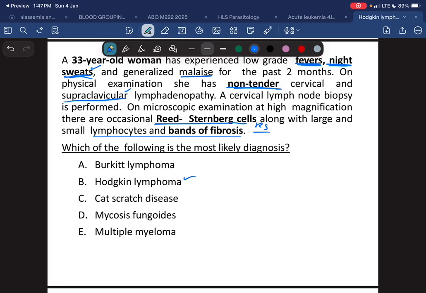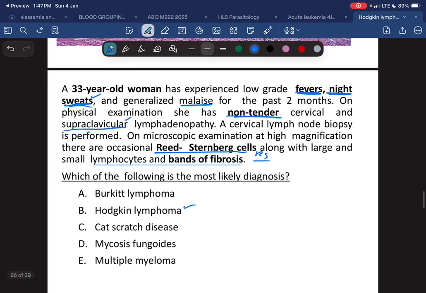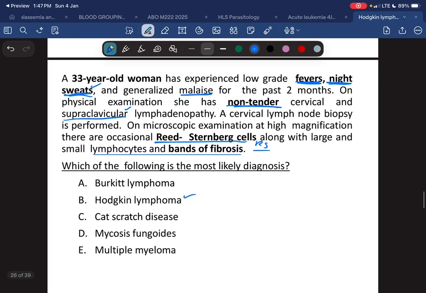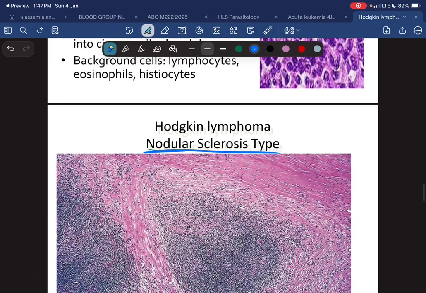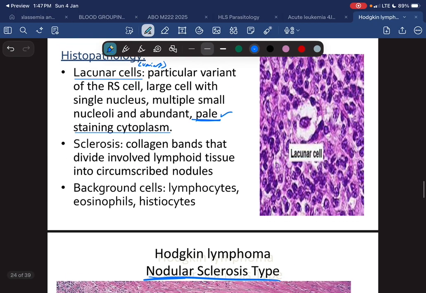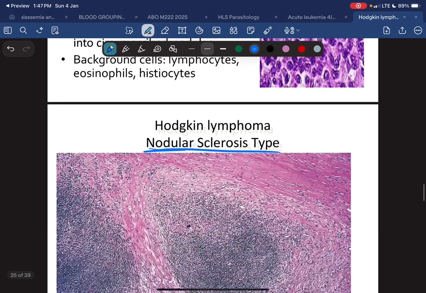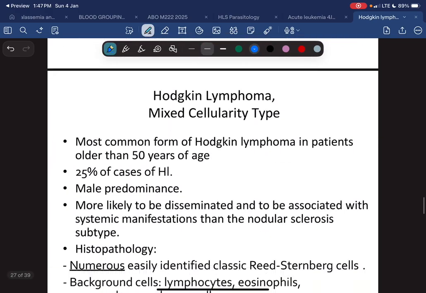Most likely this is Hodgkin lymphoma, and which type? Nodular sclerosis. Of course, if we also did immune stains, it would be supported with CD30 positive large cells, CD15 positive, negative for CD45 and CD20.